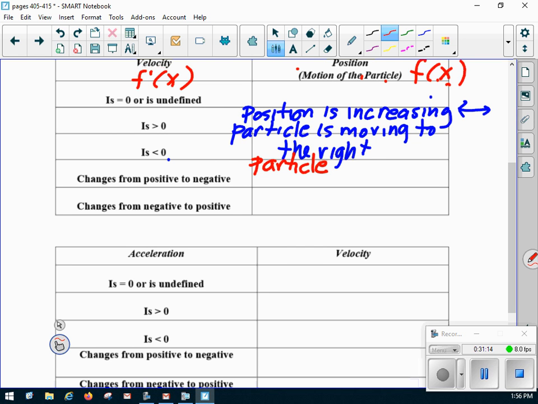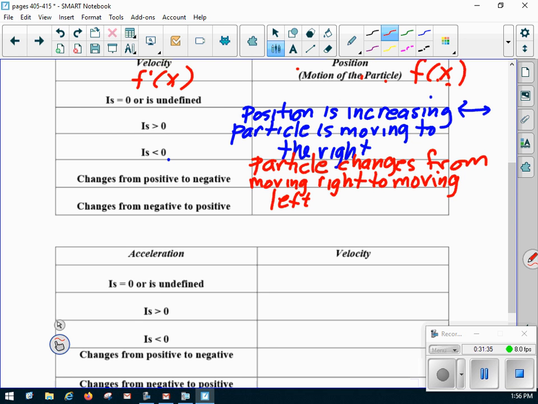So, increasing is right, decreasing is left.